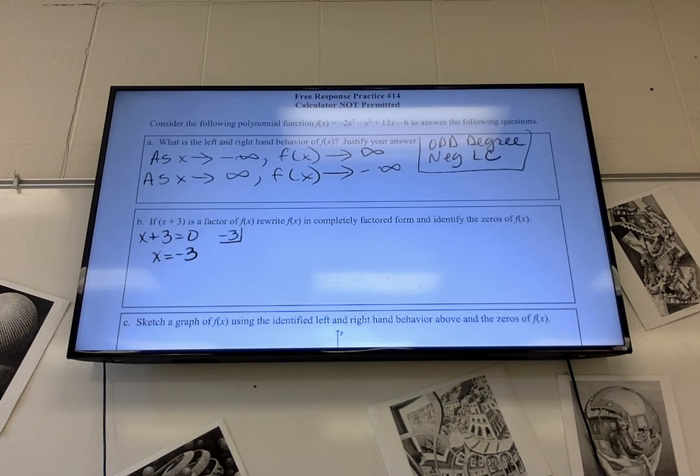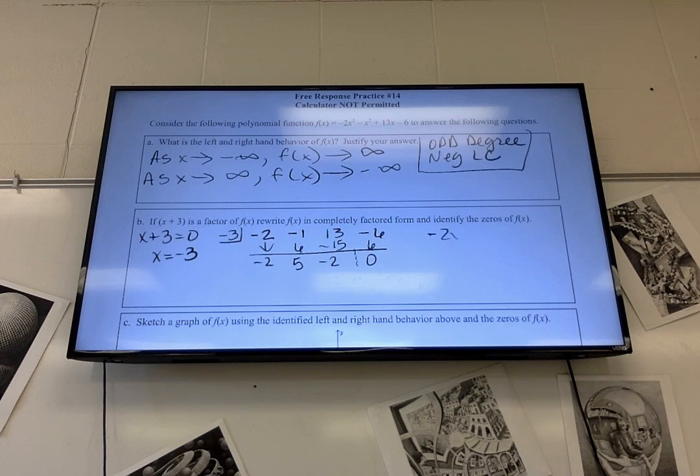And I would divide that: negative 2, negative 1, 13, and negative 6. Bring that straight down. Multiply, add, multiply, add, multiply, add. And I should get 0 because if it's a factor, it should work out.